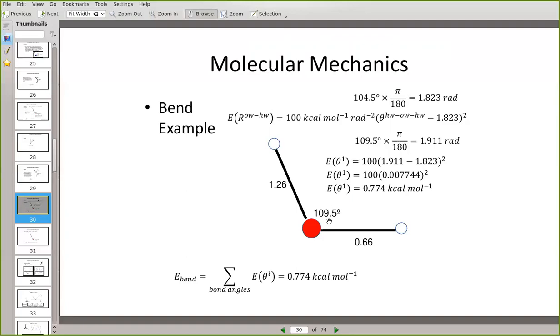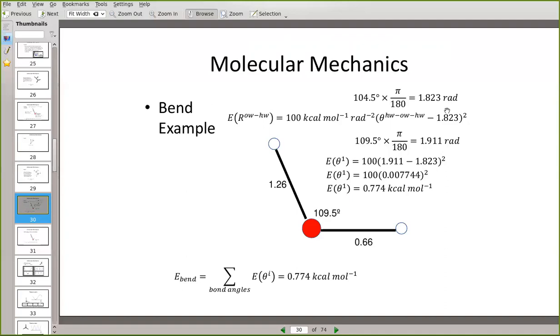This angle at equilibrium should be 1.823 radians, and it's not. If we do a conversion, it is 1.911 radians, which is not quite right. The actual angle is 1.911; the equilibrium angle is 1.823.